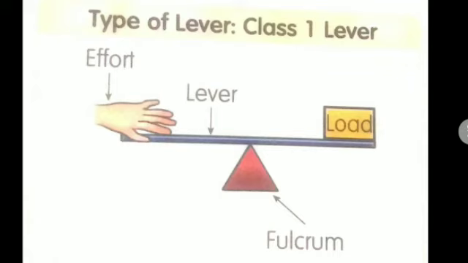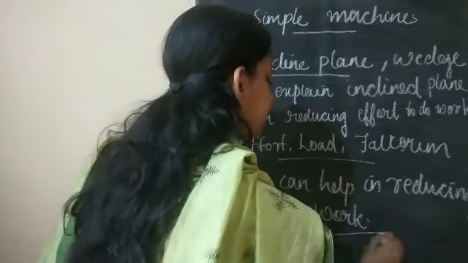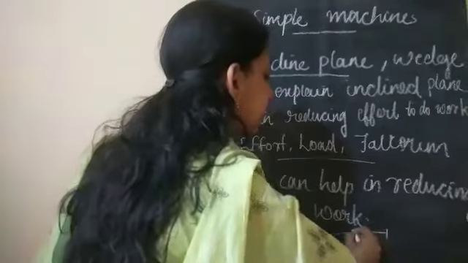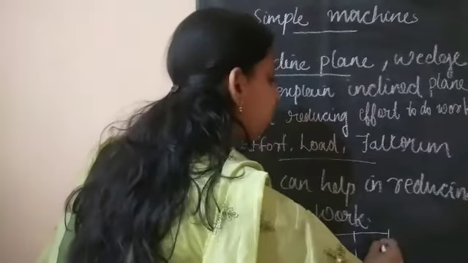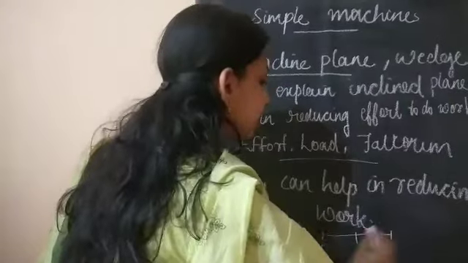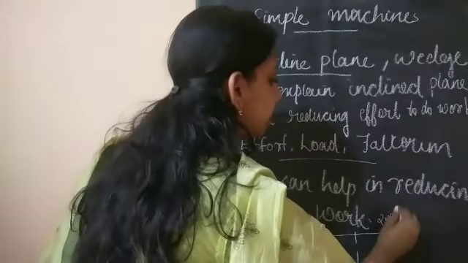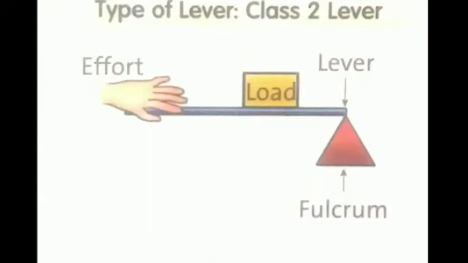In a second class lever, the load is between effort and fulcrum. And in a third class lever, the effort is between load and fulcrum. So now we can discuss the second class lever.